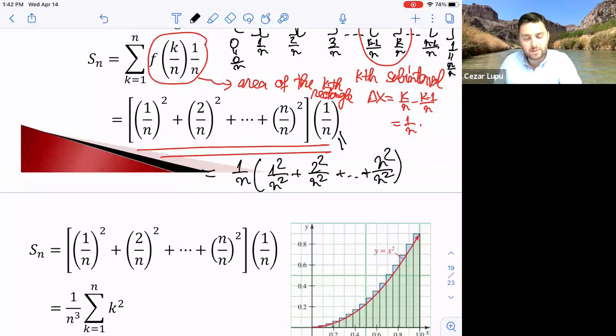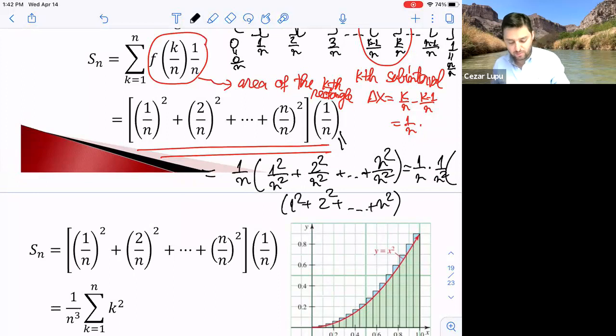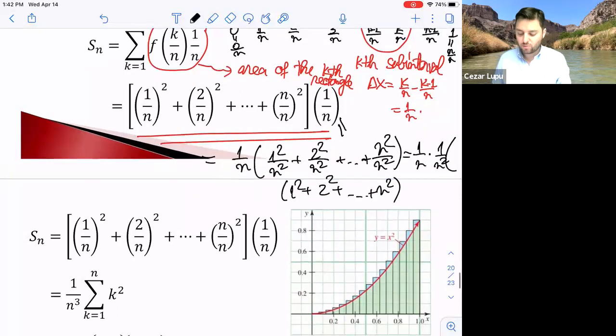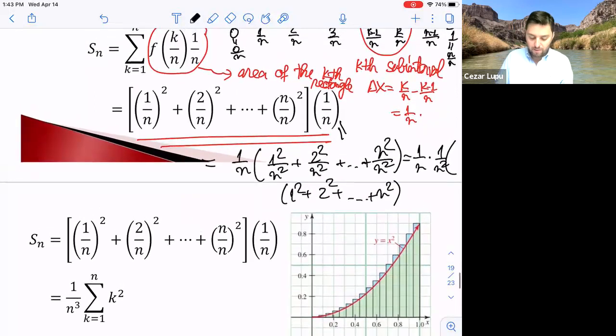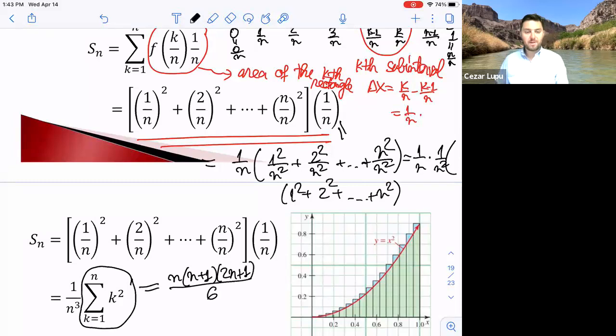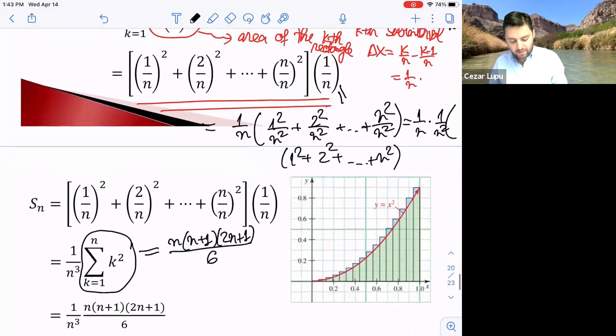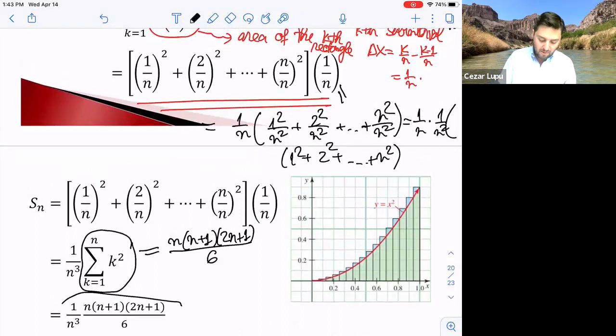And you can take 1 over n squared as a factor here, so it's 1 over n times 1 over n squared times 1 squared plus 2 squared plus n squared. And this guy here is nothing else, it's just 1 over n times 1 over n squared, which is 1 over n cubed, times the sum of k squared from k going from 1 to n, but we know this, right? This guy here is n times n plus 1 times 2n plus 1 over 6, like I said previously. So we're going to end up with this number here.